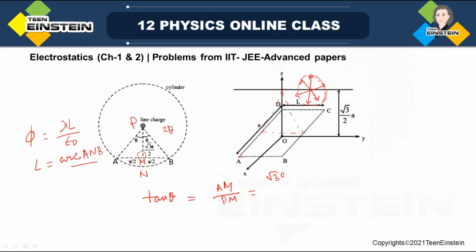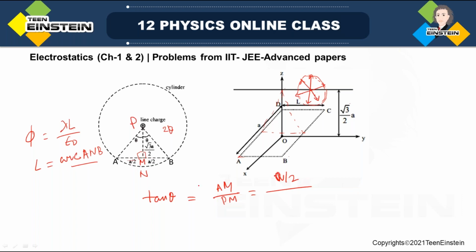This is height root 3 by 2a, so AM is a by 2. Okay, a by 2.